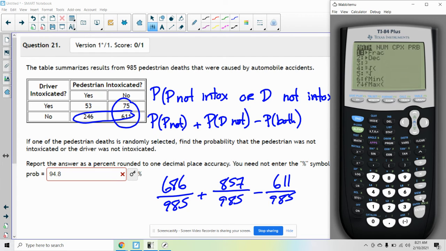I'll hit math, enter to get a fraction. Whoops. What happened here? 686, 857 divided by 985. Oh, that's what the problem is. So we'll delete that. Put the fraction at the end.